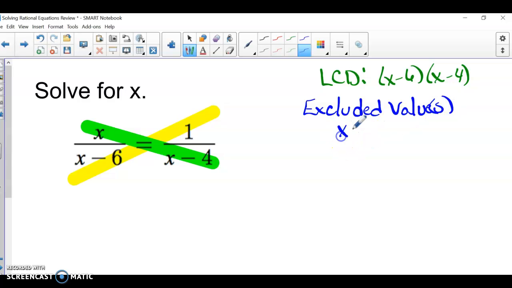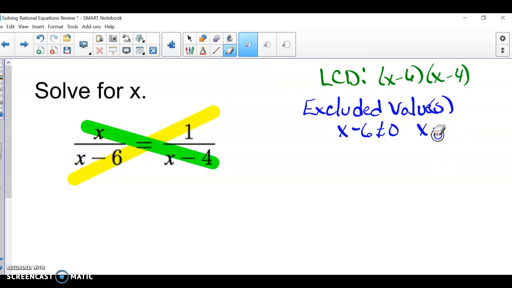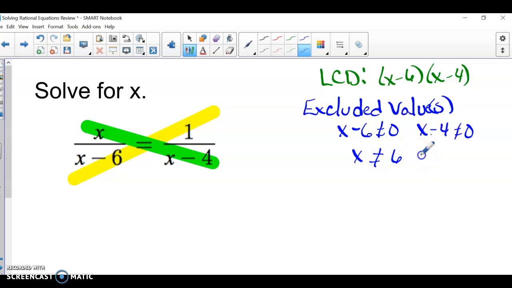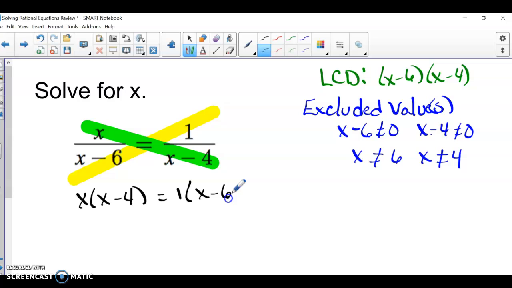So I say x minus 6 cannot equal 0, x minus 4 cannot equal 0. Solving for my variables, x cannot equal a positive 6 or a positive 4. If I cross multiply, I have x times x minus 4 equals 1 times x minus 6.